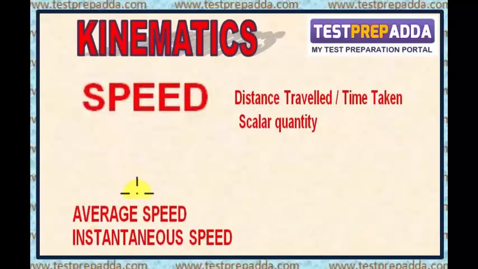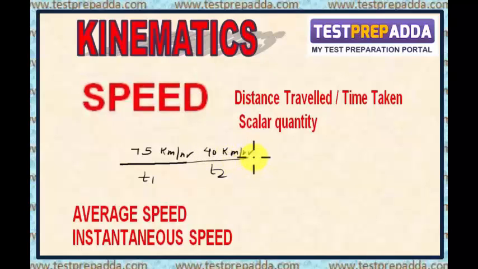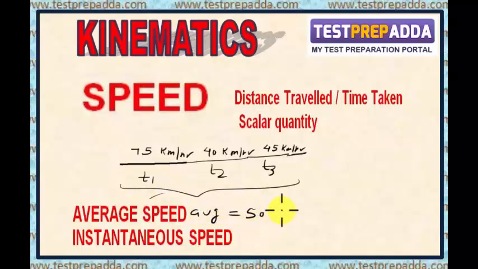Means for a certain time interval, for example T1, he drove the car with, let us say, 75 km per hour, and then for another time interval T2, he drove the car with 40 km per hour, and for another time interval T3, he drove the car with 45 km per hour, but the average was 50 km per hour.